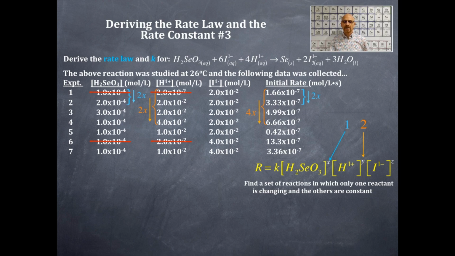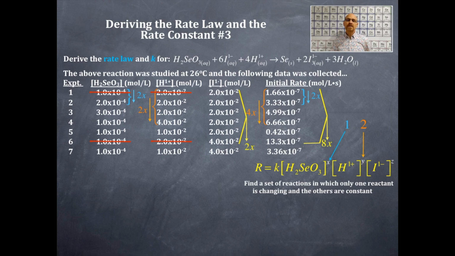All right, so now we're going to look at the doubling here of the iodine ion concentration between experiments 1 and 6. And then we're going to need to ask ourselves, what is happening to the rate between experiments 1 and 6? So the rate is going up by a factor of 8.